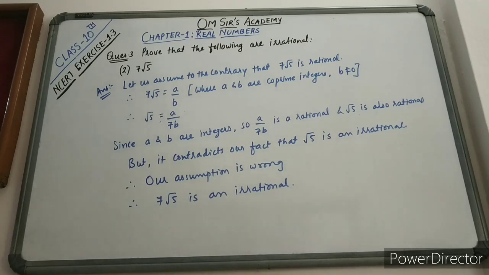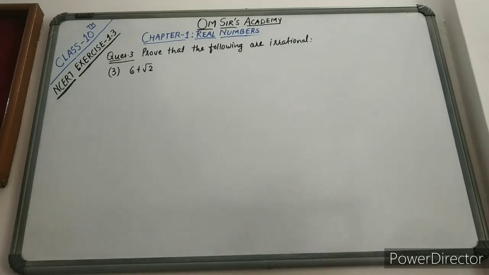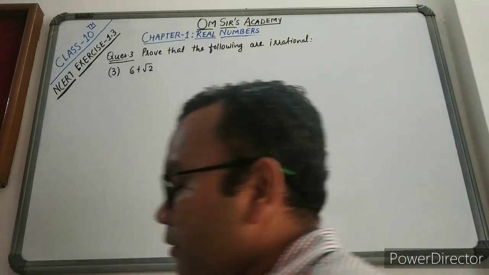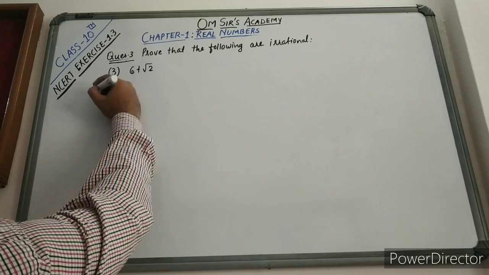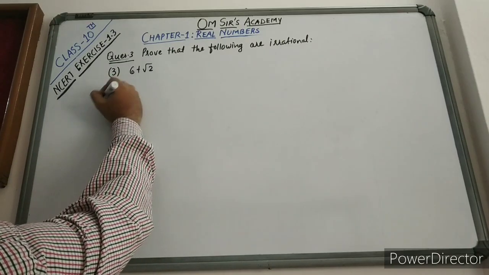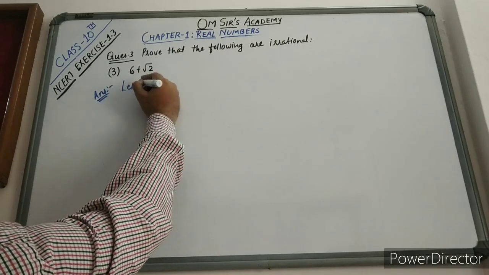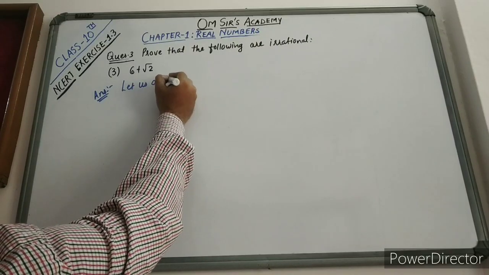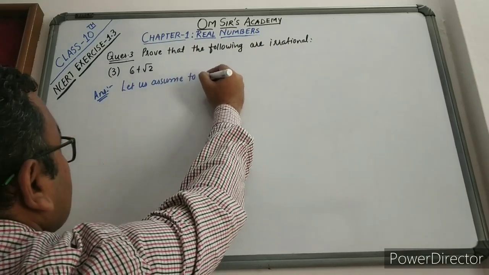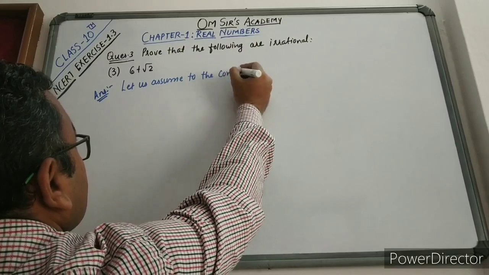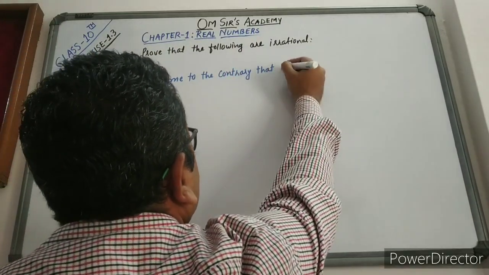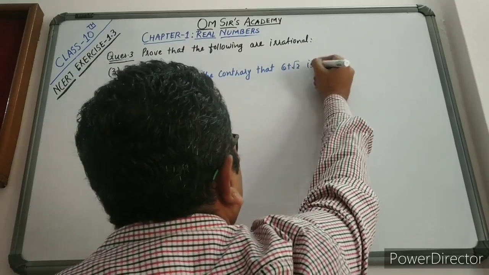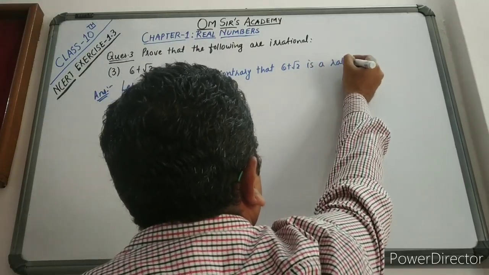Okay friends, moving to the next question. Now friends, in this third question we have to show that 6 plus root 2 is an irrational. So starting with the same steps, friends, let us assume to the contrary that 6 plus root 2 is a rational.